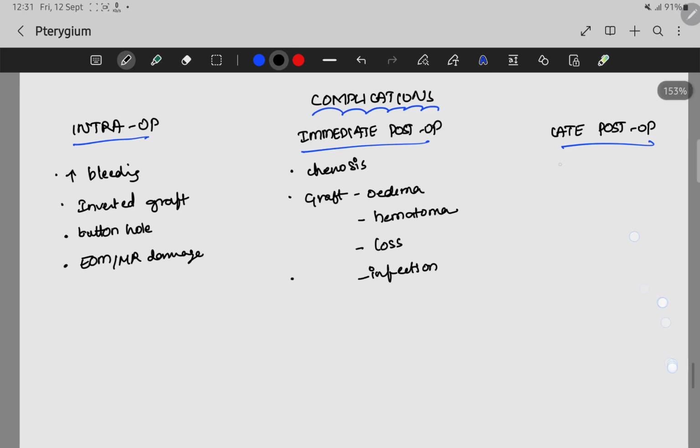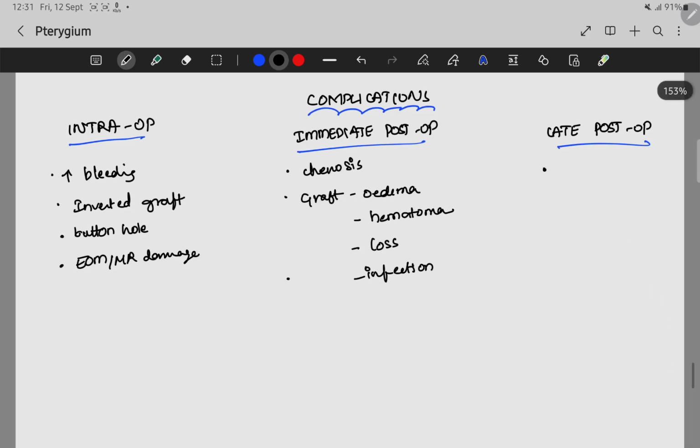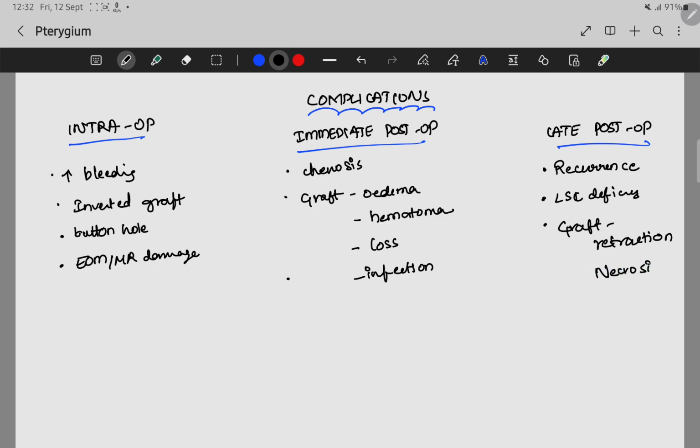Then coming to the late post-op complications: recurrence, limbal stem cell deficiency, graft retraction, or graft necrosis.